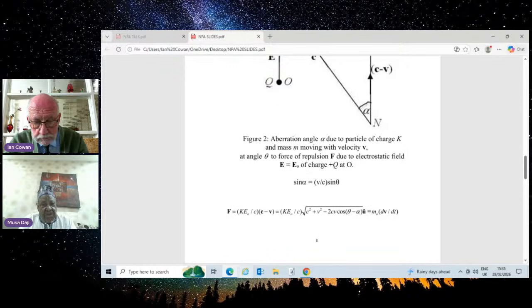It is emission of radiation which prevents charged particles from going beyond the speed of light. But at the speed of light, the accelerating force is equal and opposite to the radiation reaction force. With no force on the particle, it continues to move with constant speed of light.